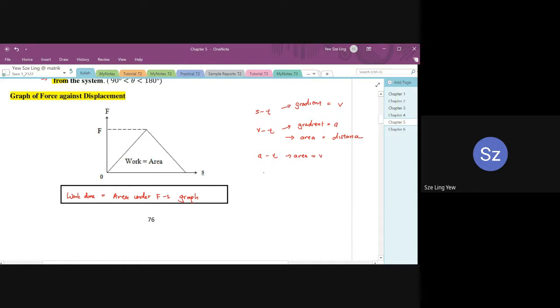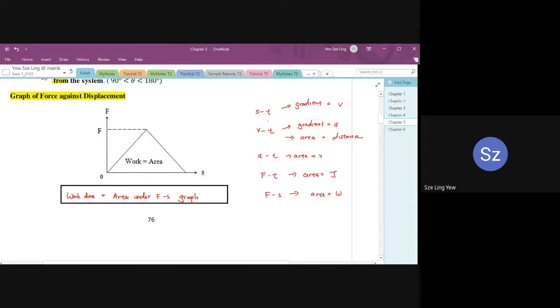And then in the previous chapter, we have the F-t graph, where the area equals the impulse, J. And then in this chapter, we have the F-s graph, which gives us area equals work done. So basically, these are the types of graphs that we have seen so far.